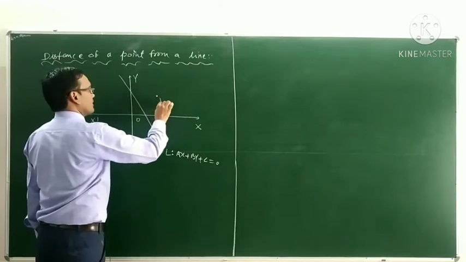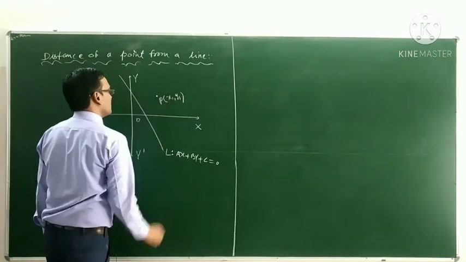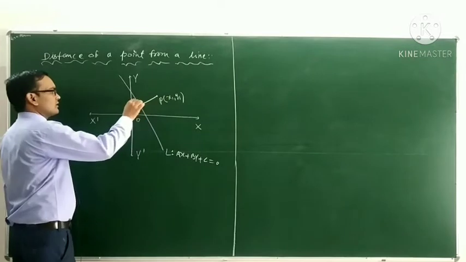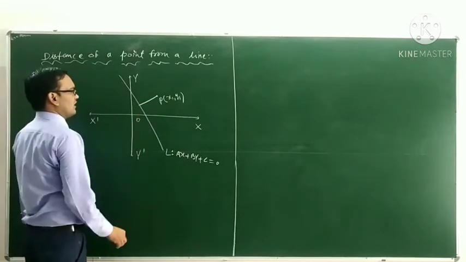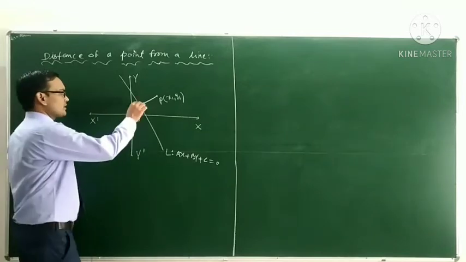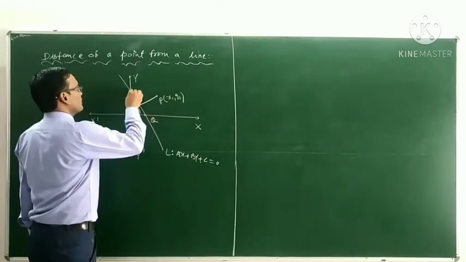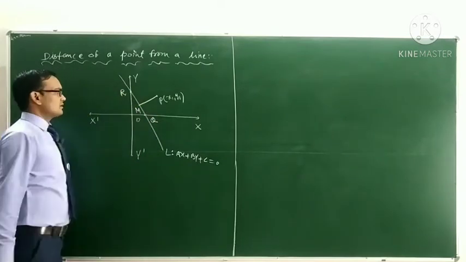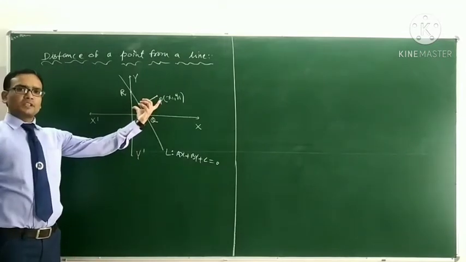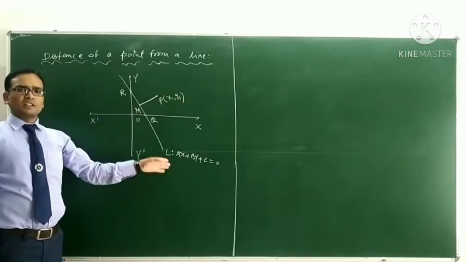Take a point P whose coordinates are x1, y1. Draw a perpendicular to the line L from the point P, meeting the line at M, and the axes at Q and R. We find the distance PM. PM is the distance of the point from the line L.